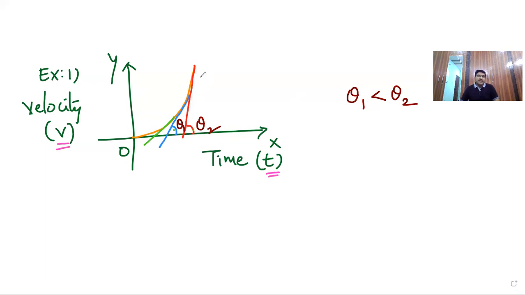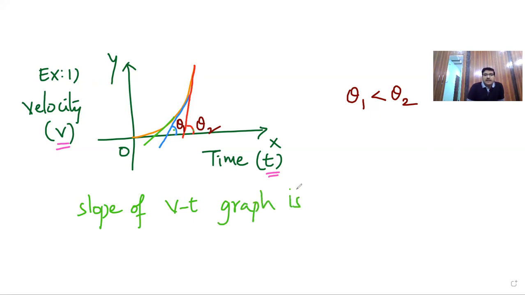The slope of the VT graph is known as acceleration. That means as the slope is increasing, acceleration is increasing. Here I clearly write, slope of VT graph is acceleration.